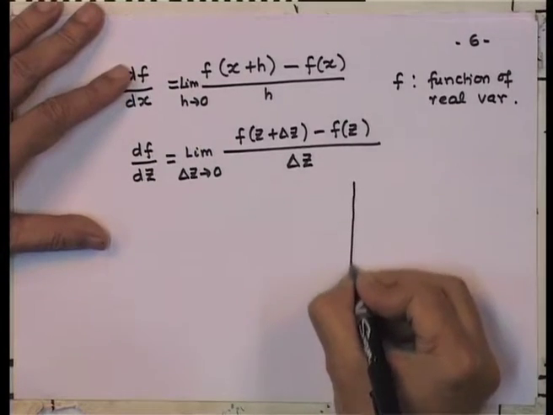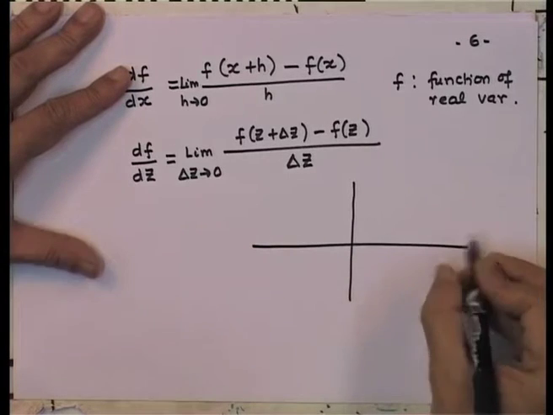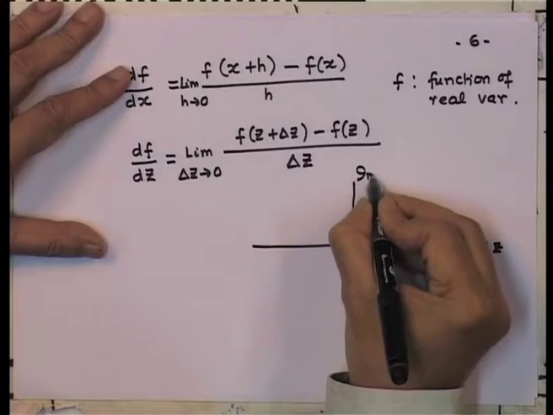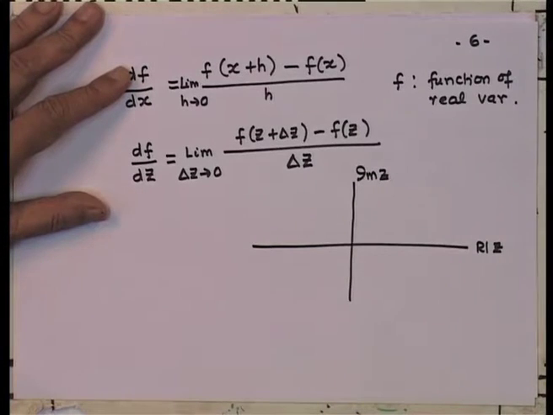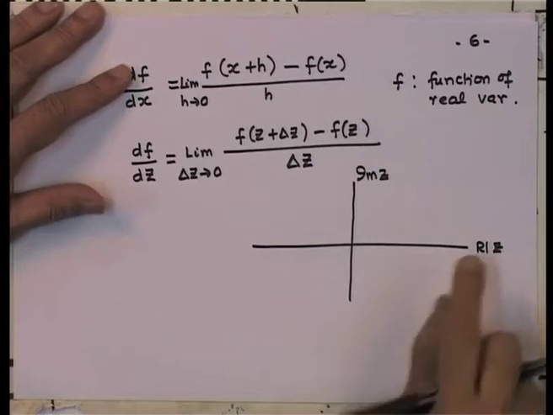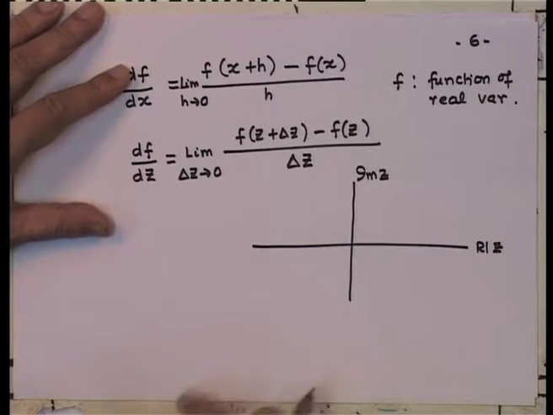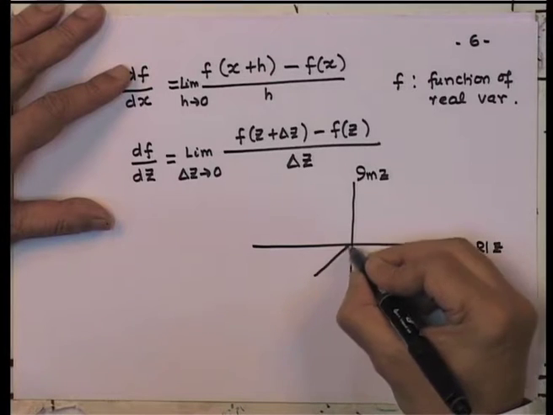So, let us look at this: supposing I have a z plane, this is the real z, the usual x axis, and this is the imaginary z. Now, when delta z is going to 0, you notice there are many ways in which I can go to 0.